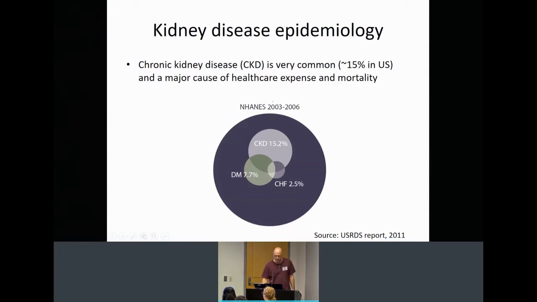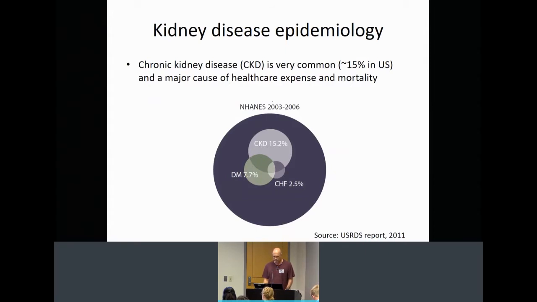The very important thing to notice here is these overlaps. Obviously, diabetes is closely associated with kidney failure, although actually the vast majority of kidney failure cases are not related to diabetes. And the other very strong connection is between heart disease and kidney disease.